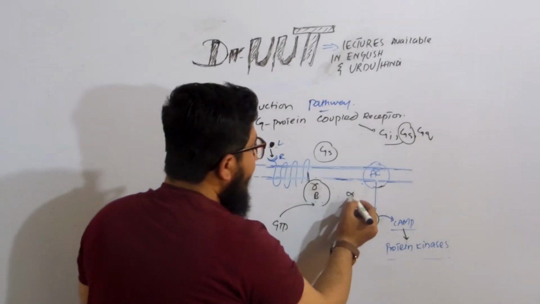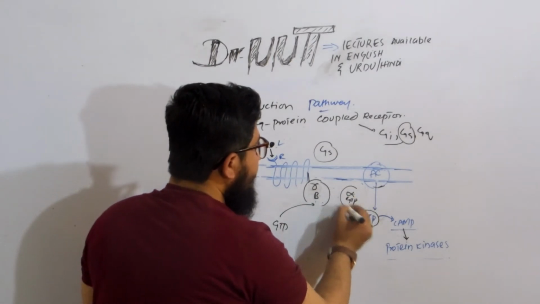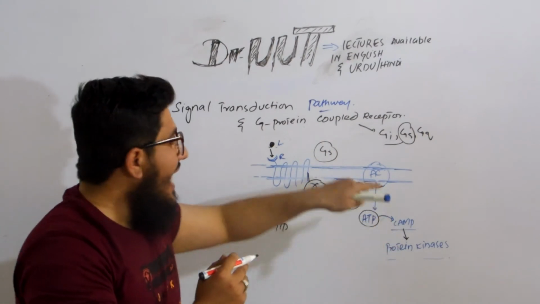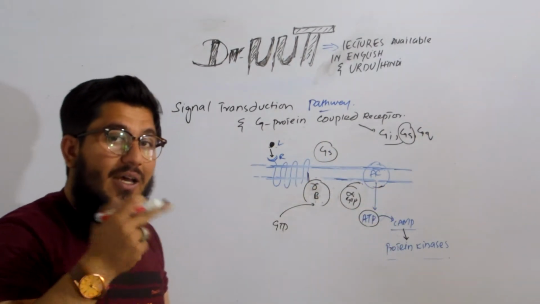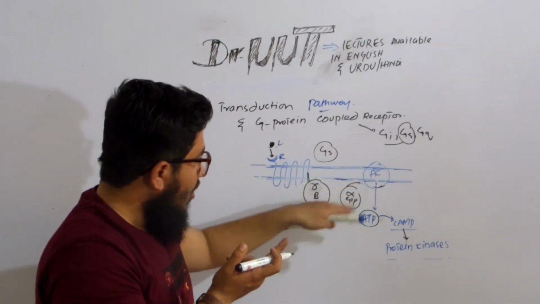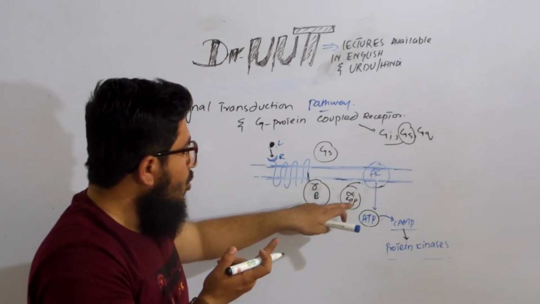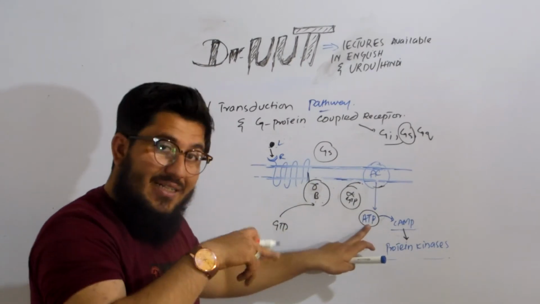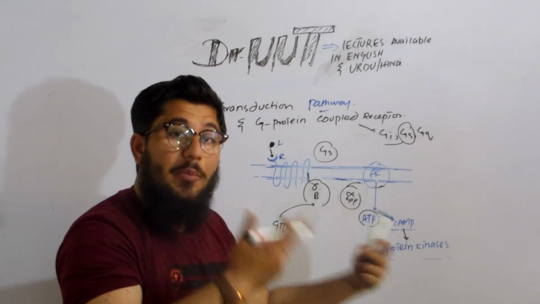This will then combine with the GTP and is brought towards the effector protein adenylyl cyclase, which is an enzyme. When activated by this complex of alpha with GTP, it will activate the ATP inside the cell to convert it into cyclic AMP.